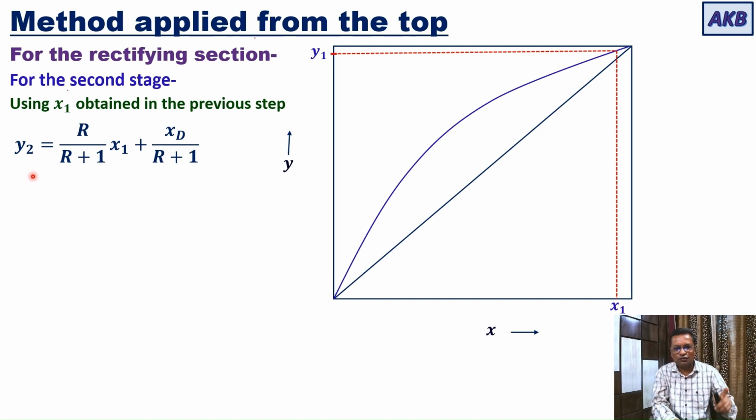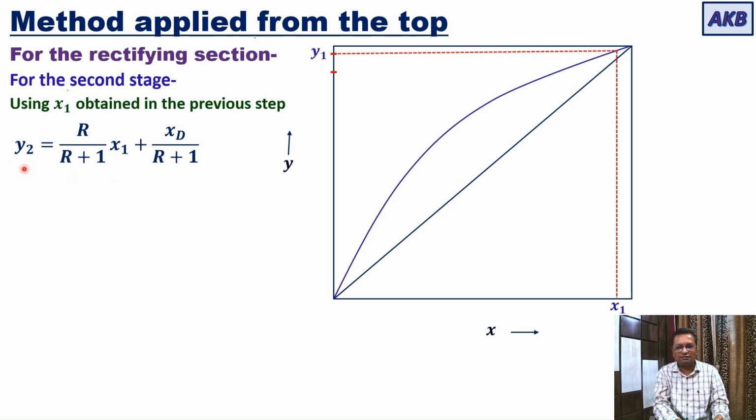Written for the second stage, it is: y2 is equal to r upon r plus 1 into x1 plus xd upon r plus 1. Since r is known, xd is known, and x1 is known from the previous step, you can get y2.